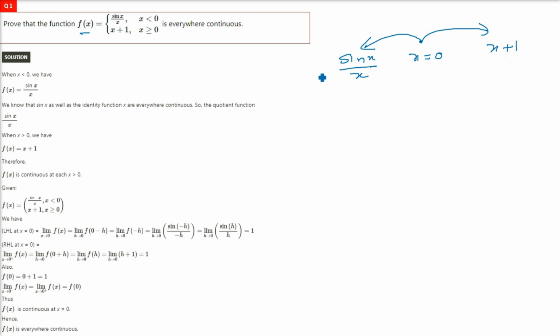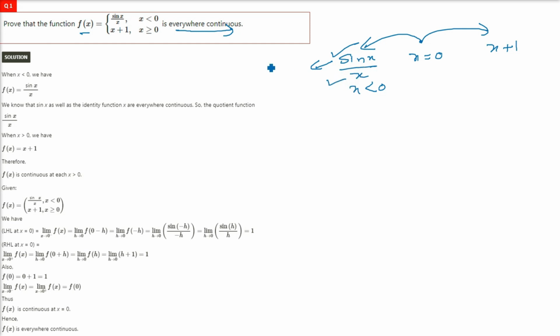The first thing is, we have to prove in this question that this is continuous everywhere. But we discussed just now that sin x is continuous. When we are talking about x less than 0, sin x is continuous. X is continuous, we have just seen now.